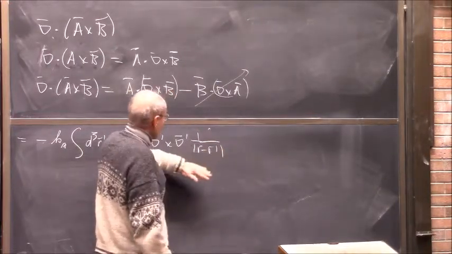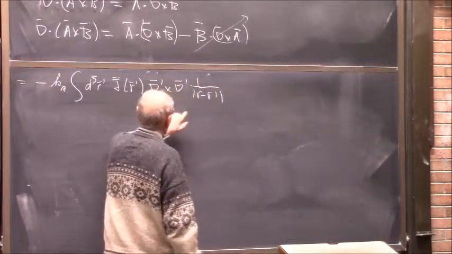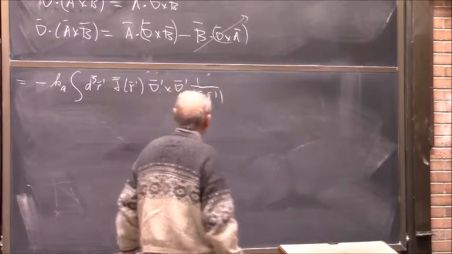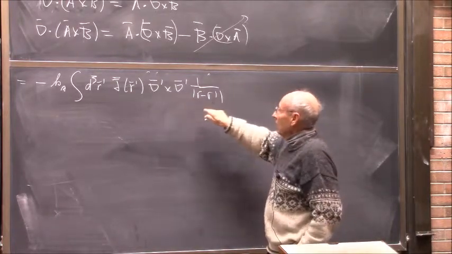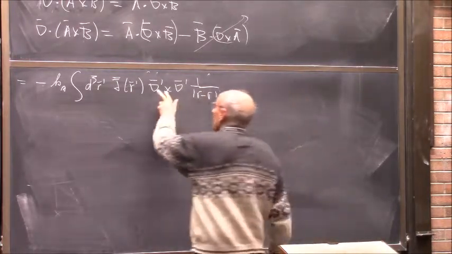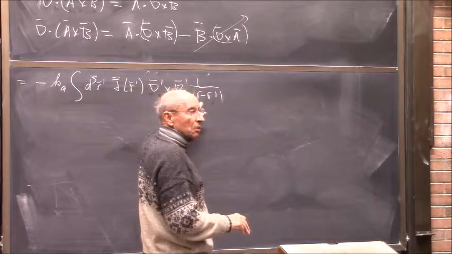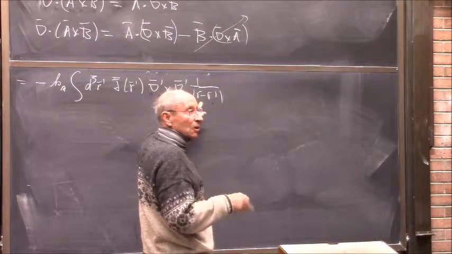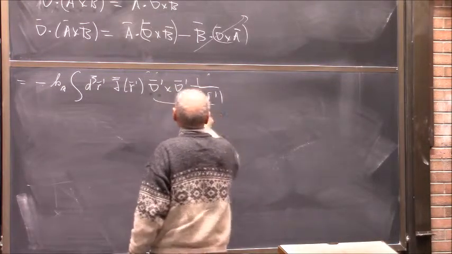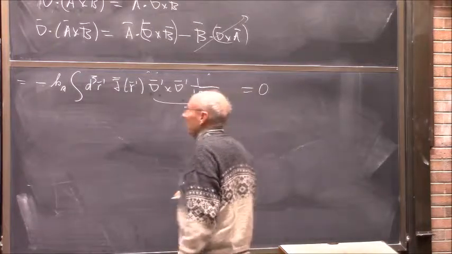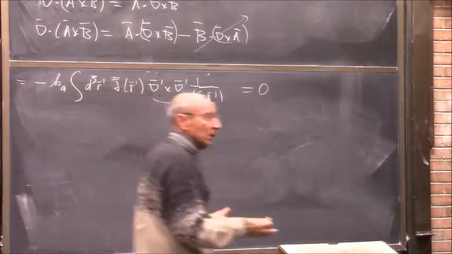But this combination, the curl of a gradient, is always 0. The curl of any gradient is 0. And therefore, this term is 0, and we get the divergence of B is equal to 0, as we expected.